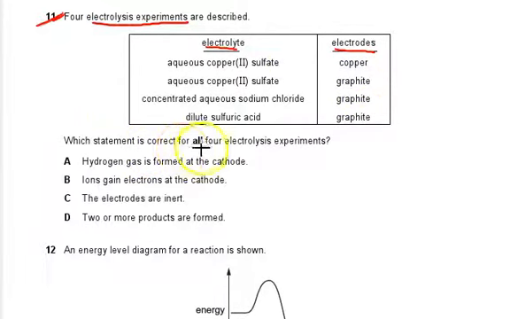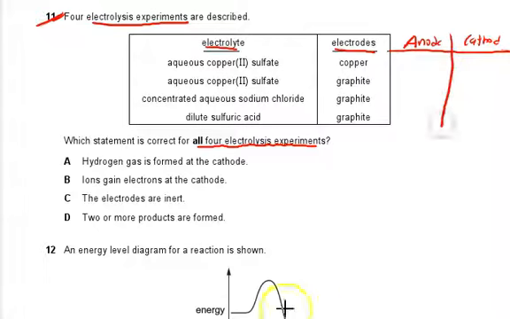Which statement is correct for all 4 electrolysis experiments? Now we have here anode and here we have cathode.